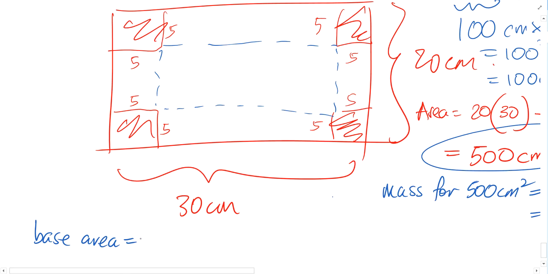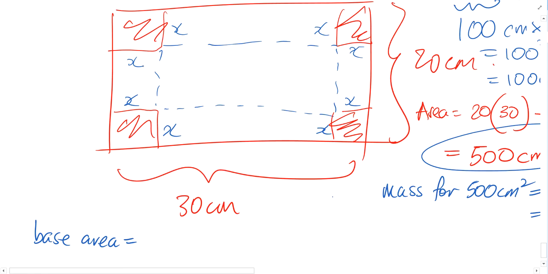She cuts out a square of side x. So instead of 5, it is now x, because the question updated already. Now she cut out side x. So what is the base area of this box?